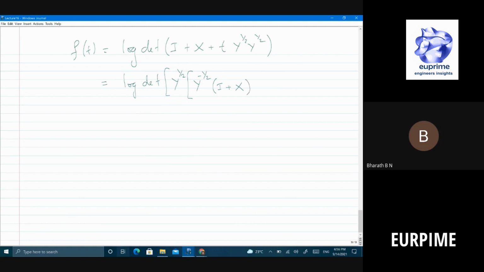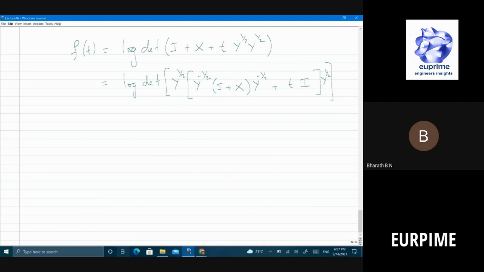And then right multiplied by Y power minus half. Y power minus half is the inverse of Y power half. I'm just writing it as Y power minus half plus t times identity. Of course, Y power half is also here. Is that fine, everyone?